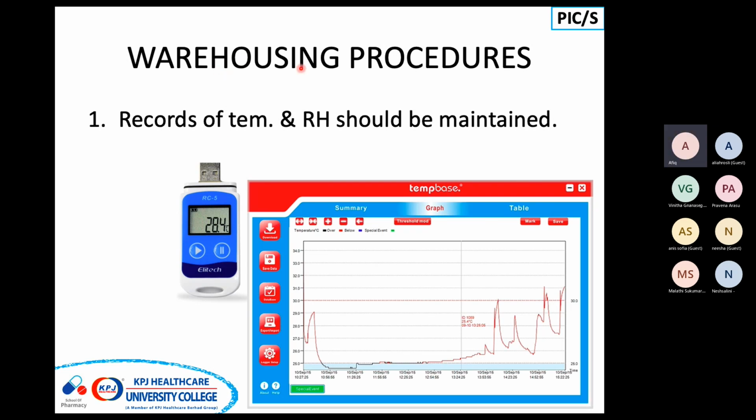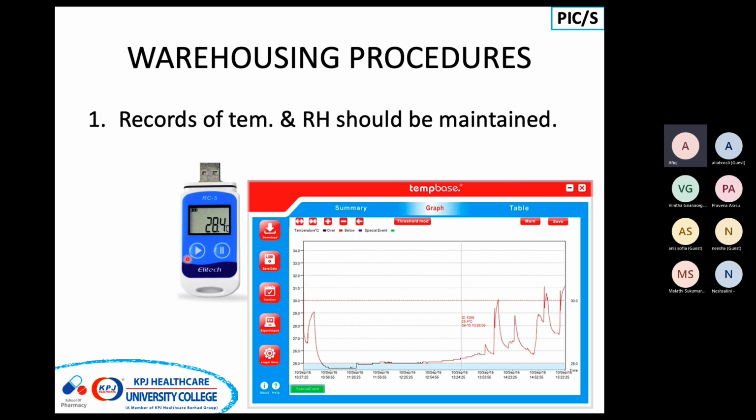Okay, next, the procedures for warehousing, according to the Pharmaceutical Inspection Convention. The records of temperature and humidity should be maintained. Here is an example whereby the data can be extracted and put into a computer, so it can track the temperature and humidity.